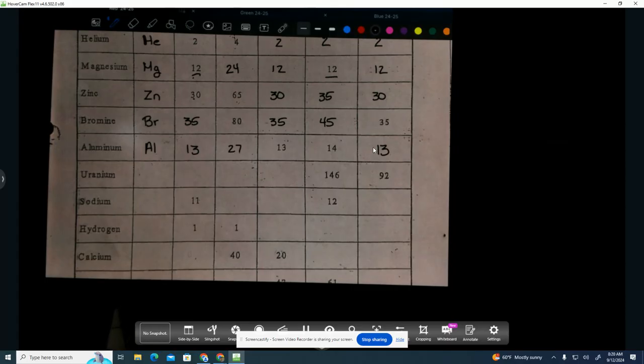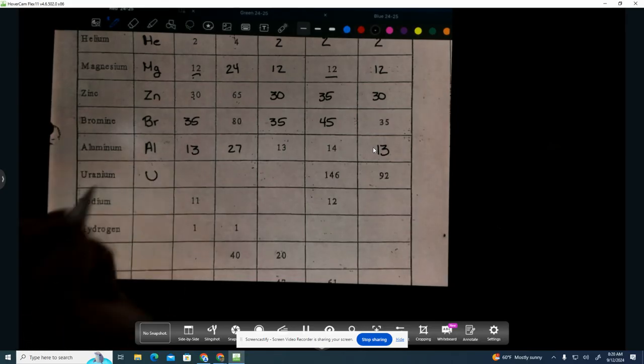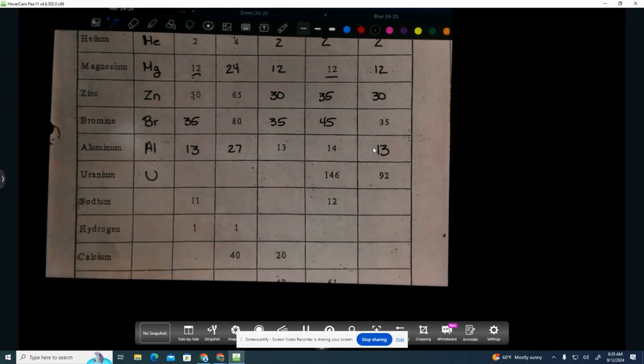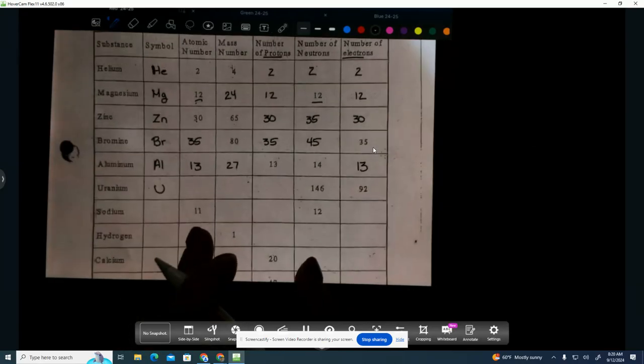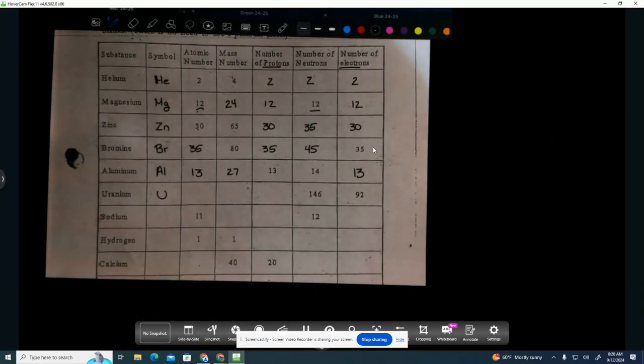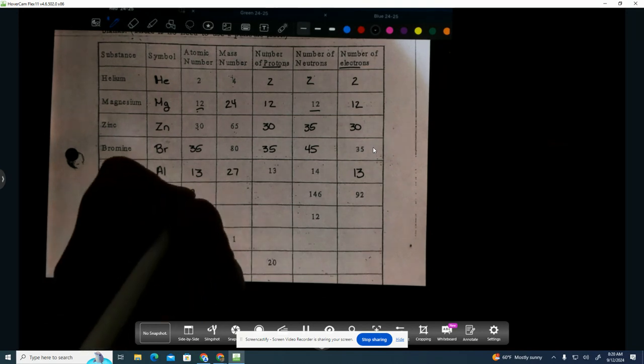Uranium. Who haven't I talked to today? Did I talk to everybody in here? I think I did. Ashlyn, uranium, what's the symbol? U. Maddie, how many protons does this sucker have? 92.